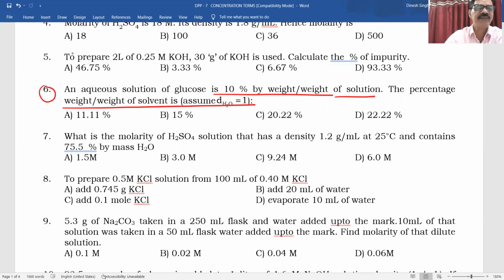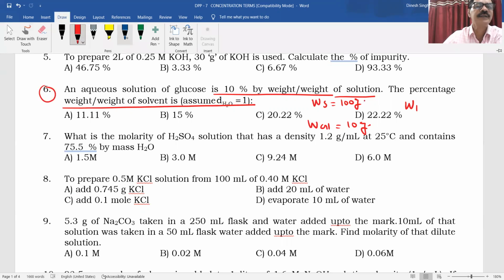So how will we calculate this? In 100 gram solution, 10 gram of glucose is present. That is, the weight of solution is equal to 100 gram, and the weight of glucose is equal to 10 gram. So the weight of water, because he is asking for this term, again I am just explaining this.